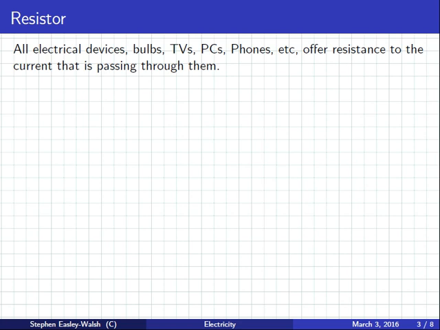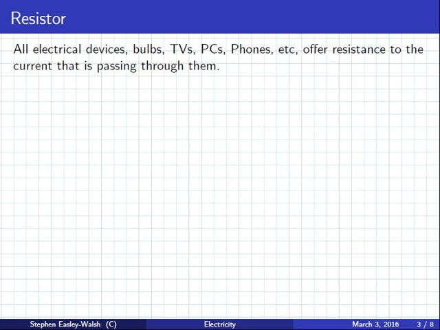So we say that there's a voltage, a potential difference. This TV may be, whatever, 200 volts. It means for every coulomb of charge that goes in, the coulomb of charge comes out, losing the ability to do 200 joules of work.